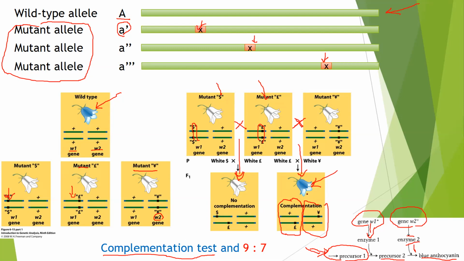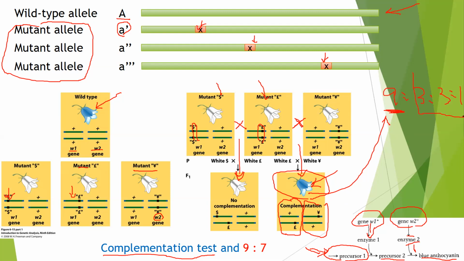All right, now if we do the dihybrid cross for this individual, we're going to expect to see this, right? However, in this category, because these two genes are complementing each other, the relationship between these two genes is complementation.